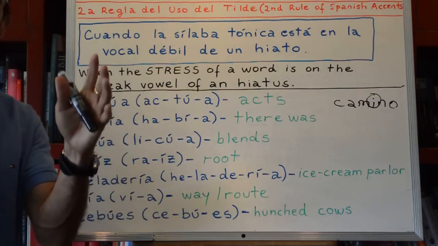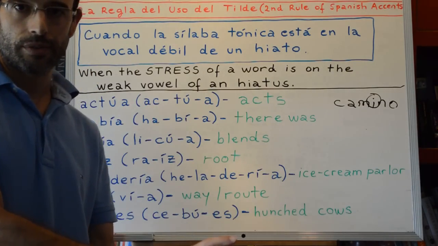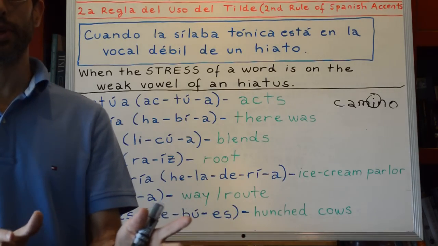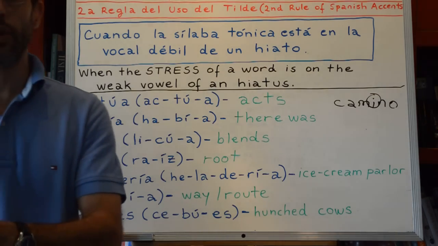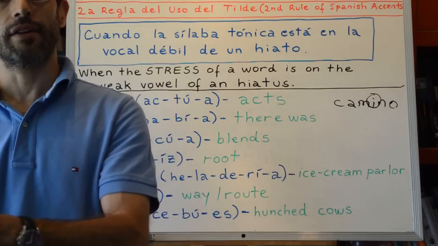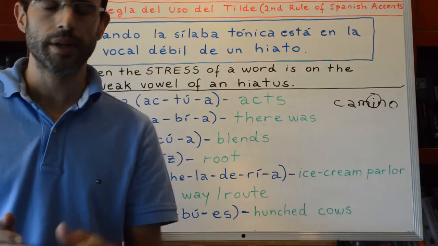So, we have a word. This word has an hiatus, right? Well, actually, not all hiatus have a weak vowel. We have hiatus where we have 2 strong vowels, okay?